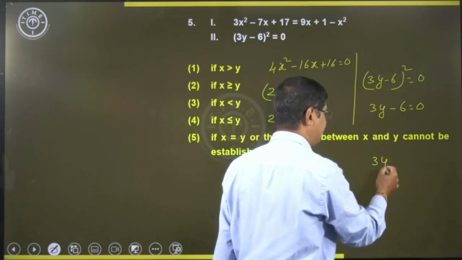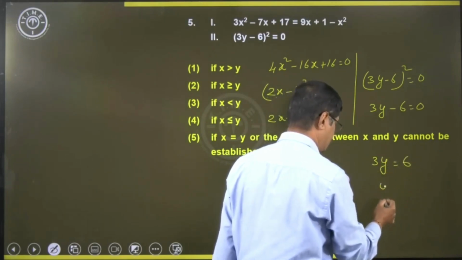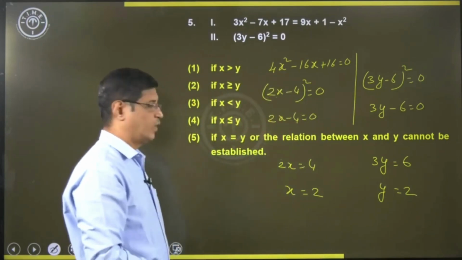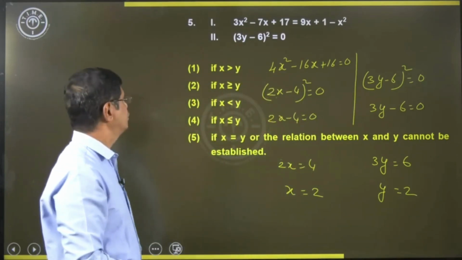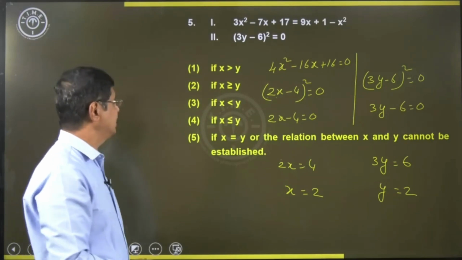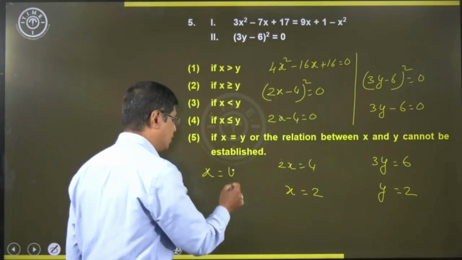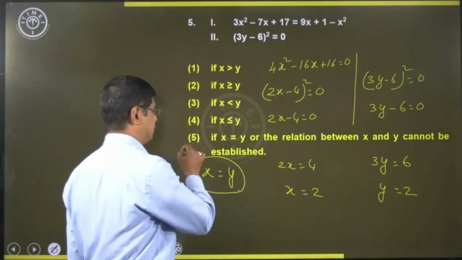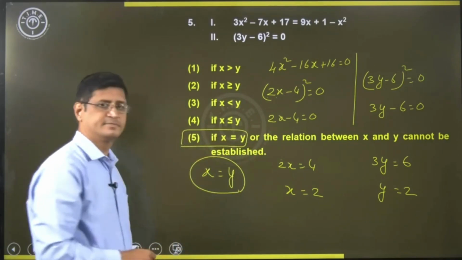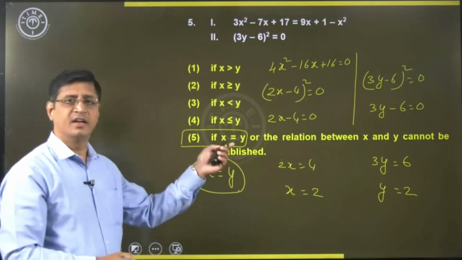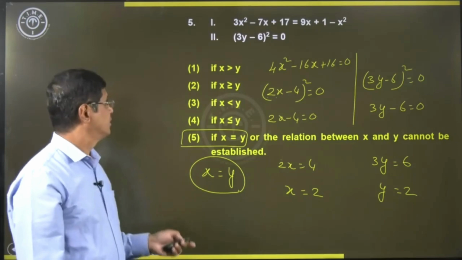Means 3y is equal to 6. Y is equal to how much? It is a 2. Y is equal to 2 and x is equal to 2. So how these two are related means these two are same. So when x and y are equal, what is the right choice? Option number 5. Just mark the choice 5 as the answer, because here x and y are equal.